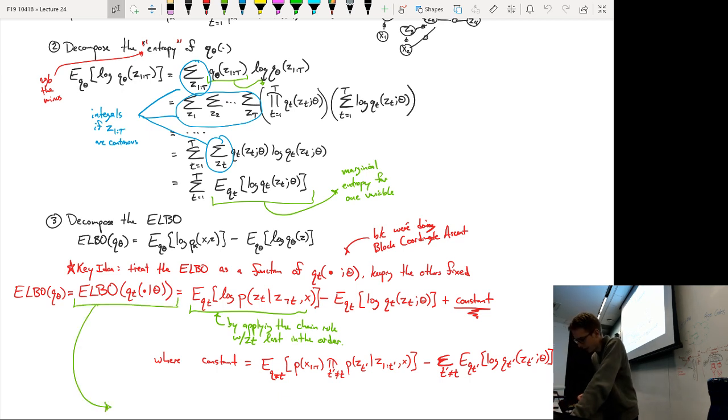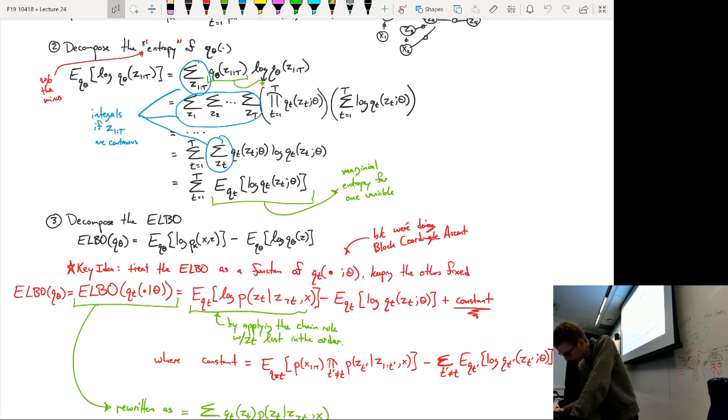this thing rewritten without the expectations. This would be a sum over zt of qt zt, and here I'm going to leave all of the parameters out, of p of zt given z not t and x. Okay.